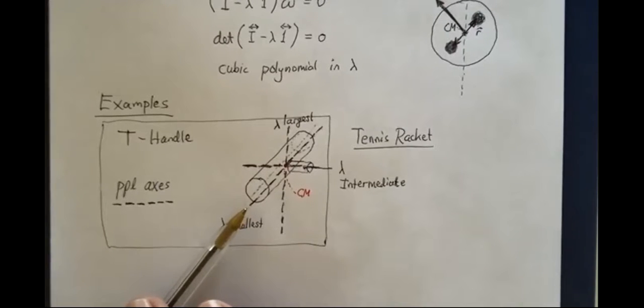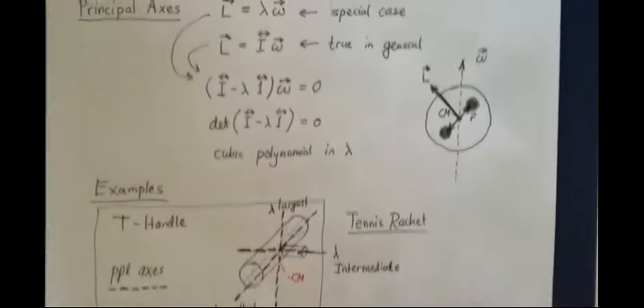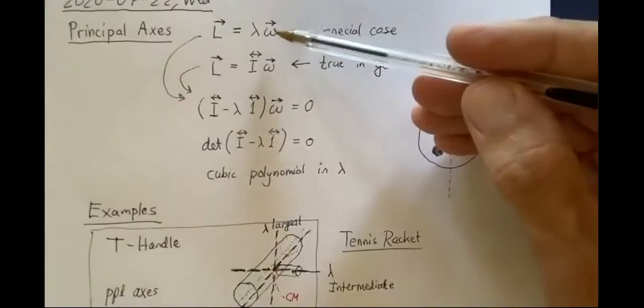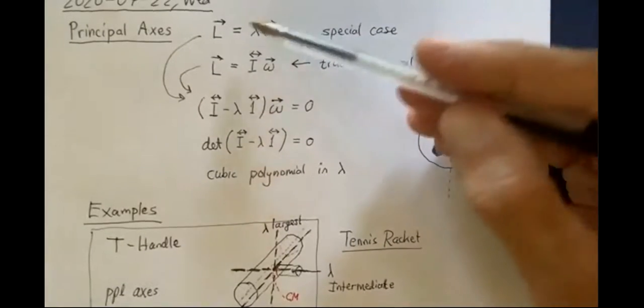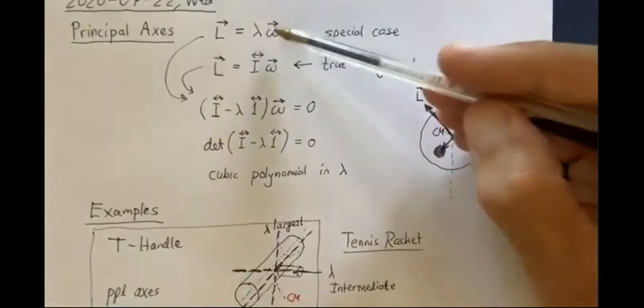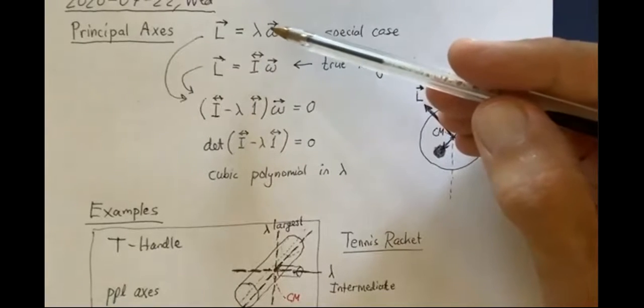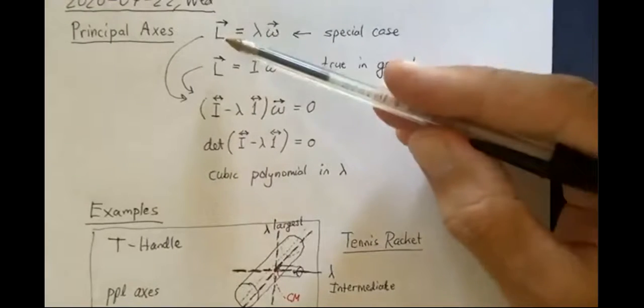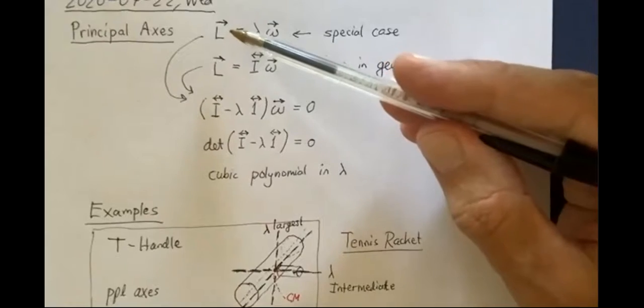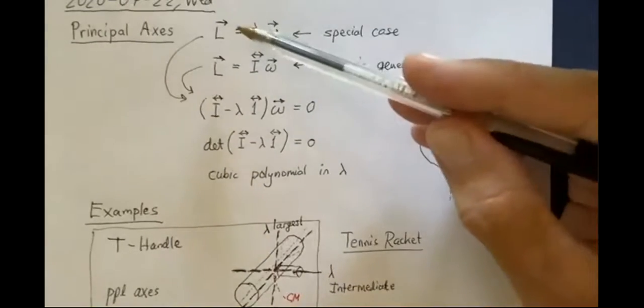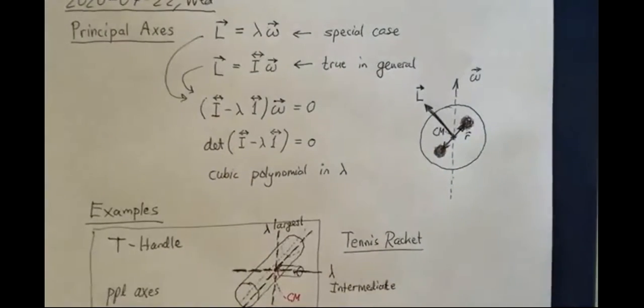The reason is, if you have omega exactly parallel to a principal axis, then the angular momentum will be constant, right? That's the fundamental dynamical statement, because we're assuming there are no torques on the system. The constancy of the angular momentum is the crucial thing.